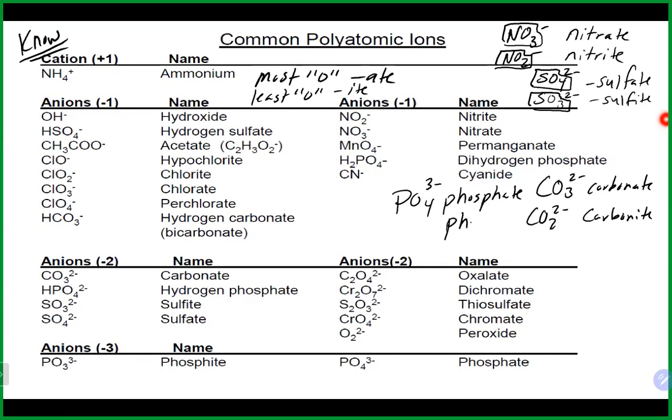And if I wanted phosphite, it should be PO3 3 minus. Again, one oxygen less. So that's a really good way to tackle it without trying to memorize everybody individually: memorize either the ates or the ites, and just know how to adjust the oxygens up or down to get what you're looking for.